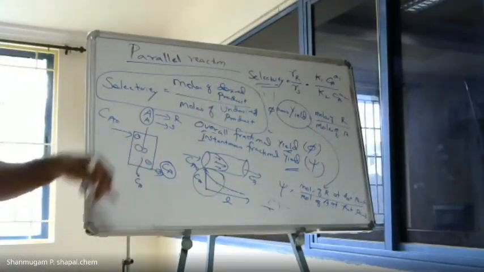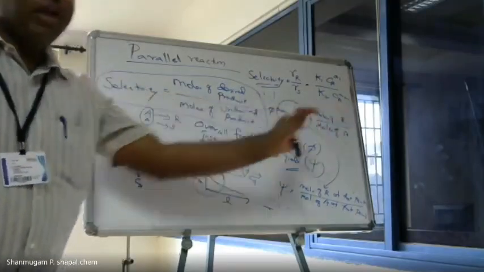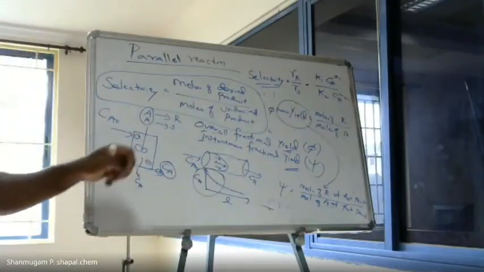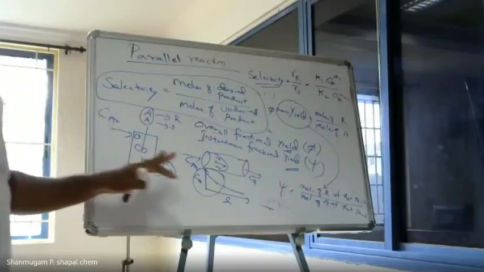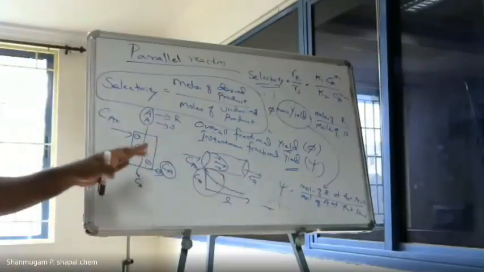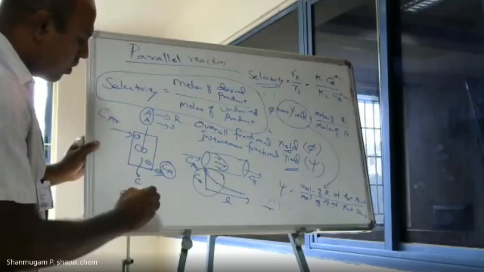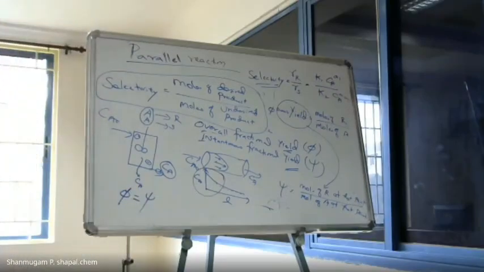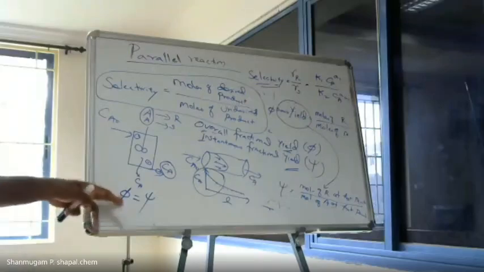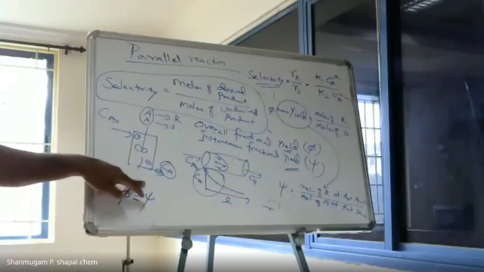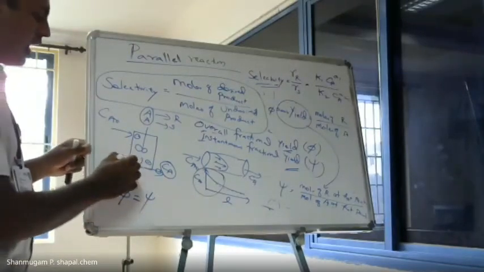So for this case, the overall yield would be the same for the mixed flow reactor. And similarly, if you consider instantaneous, it gives the same value. That means psi equals phi. So instantaneous and the overall yield will be the same for this particular reactor, the mixed flow reactor.